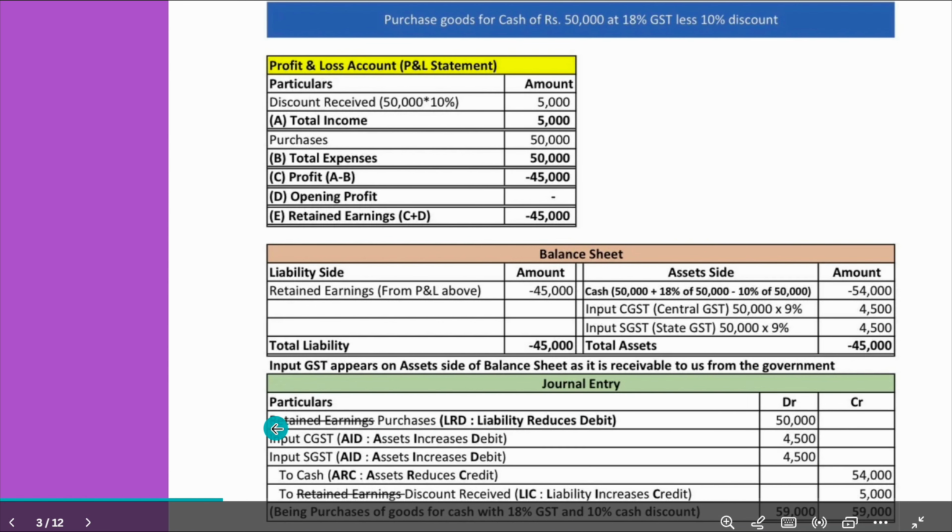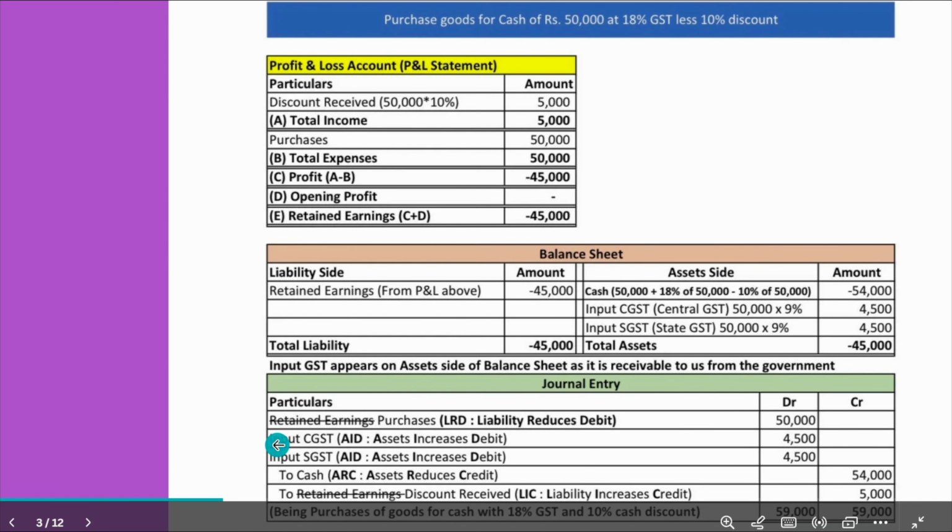Now here we have made purchases to the extent of 50,000. So retained earning is reducing to the extent of 50,000 from these purchases. So the rule is liability reduces debit, but instead of retained earning, while passing the journal entry you will write the word purchases, and hence purchases is 50,000.